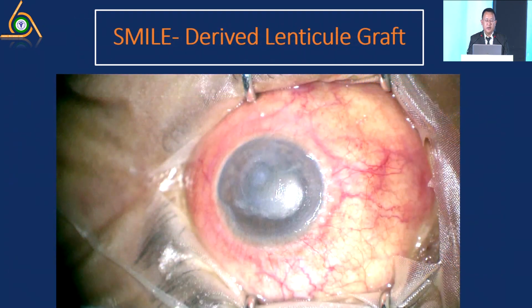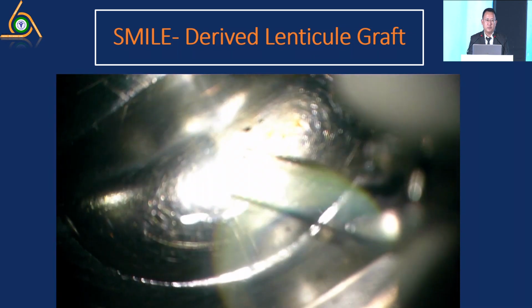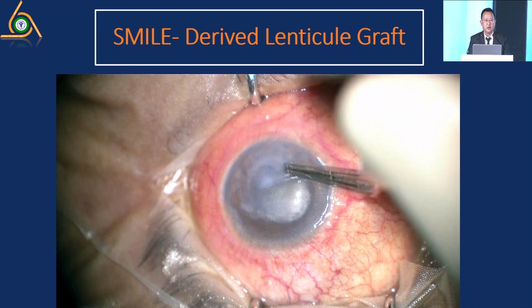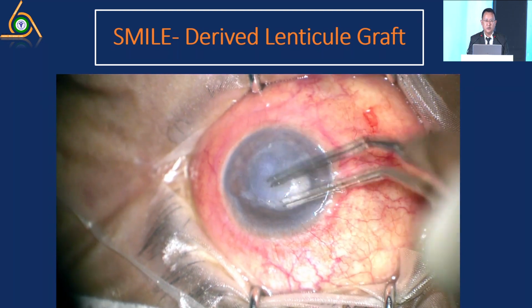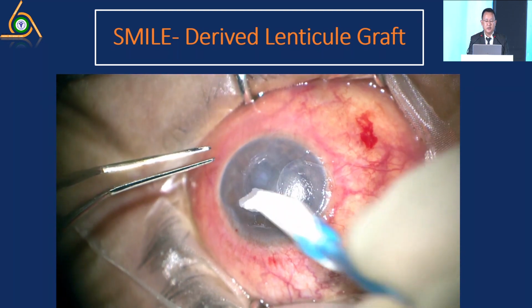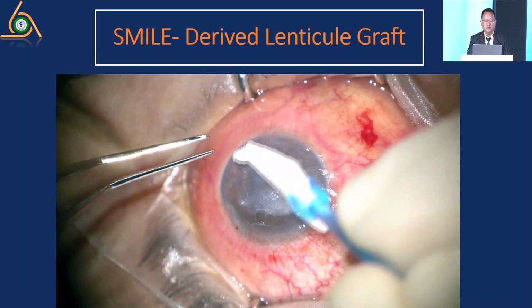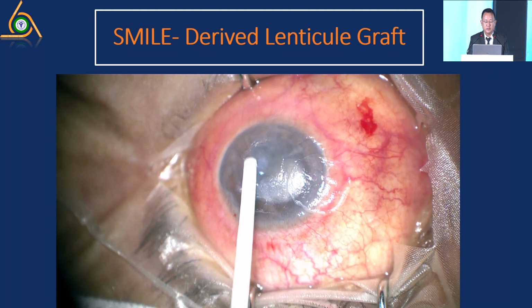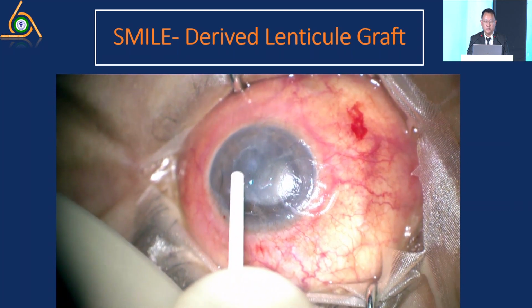Another option, a SMILE-derived lenticule graft, can be used in a small perforation, or in a case of descemetocele or impending perforation, where you can use double or triple lenticule layers and use glue over it, or you can suture this donor graft into the recipient bed also.